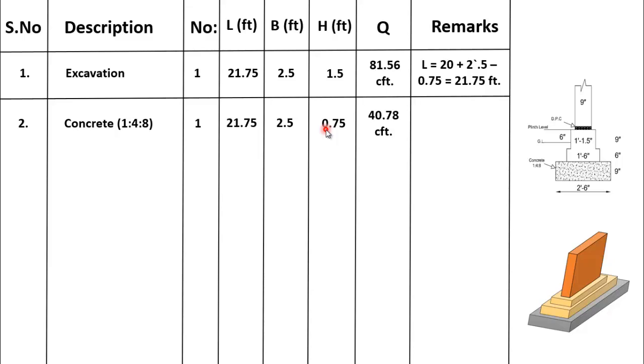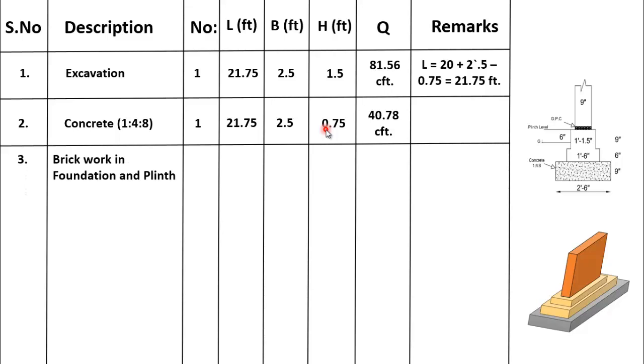Now we will calculate the third item of work, that is brickwork in foundation and plinth. As you can see that brickwork in foundation and plinth is provided in 2 steps. So we will also calculate the quantity of brickwork in 2 steps. The number of wall is 1. The length of first wall will be L is equal to 20 feet plus width of the first step, which is 1 feet 6 inches or 1.5 feet, minus thickness of the wall, which is 9 inches or 0.75 feet.